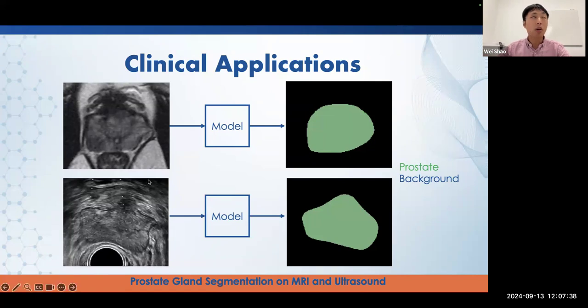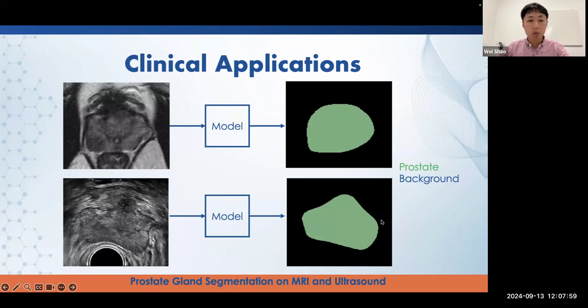Here I'm showing you one example of how we use medical imaging to improve the treatment of patients with prostate cancer. Here I have 2 models. One model is used to segment the prostate gland on the MR image. As you see here, this is input, this is output. Another model is used to segment the prostate from an ultrasound image.